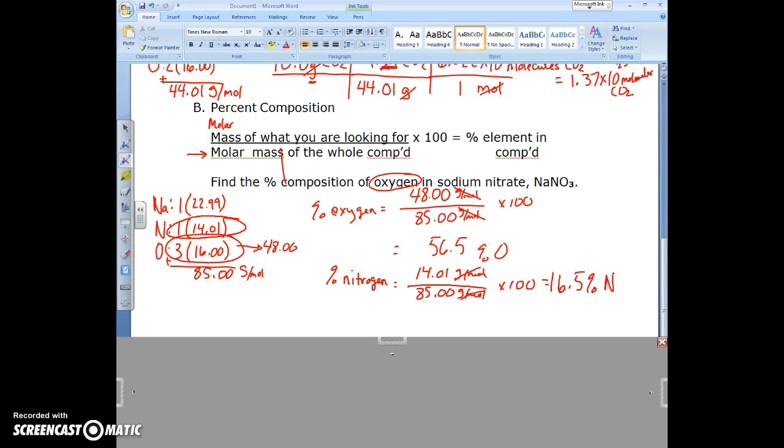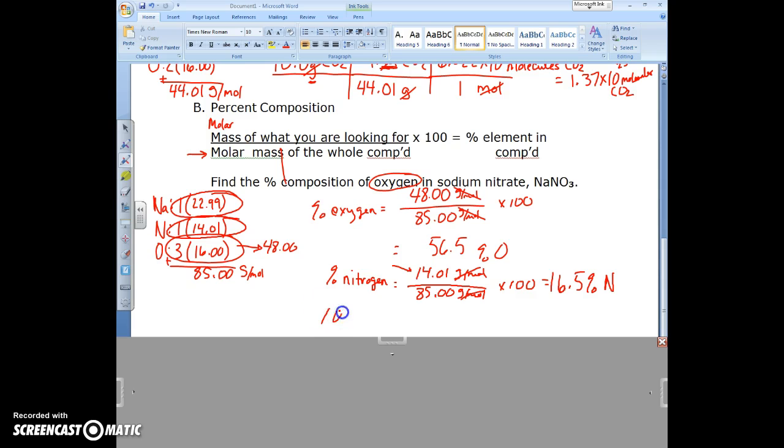Okay, if I wanted to find out how much sodium there was, I could run through this same process, and I would just put the mass of all the sodiums in this top spot, and that would find the percent sodium. Or what I could do is, remember, all percentages have to add up to 100 because it makes a whole compound.